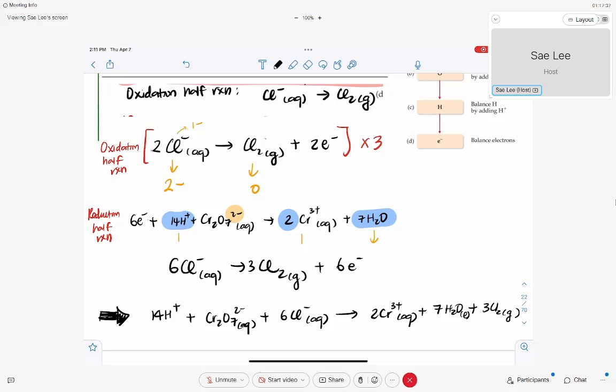So if you put chlorine here and then this Cr2O7 here, are you talking about that kind of order? Yes. Oh, no, it doesn't matter. Thank you.